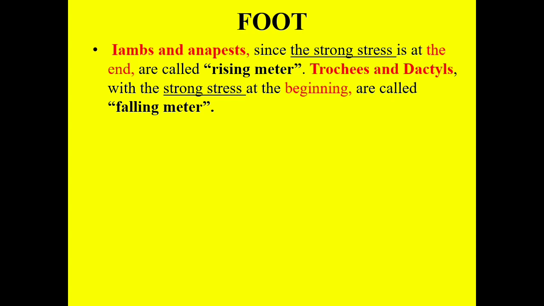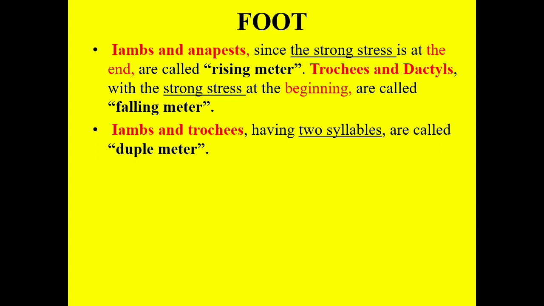Iambs and anapaests, if the line has them, is called rising meter, and trochees and dactyls, with the strong stress at the beginning, are called falling meter. The first two have the stress at the end and the second two at the beginning, so they are called rising meter and falling meter.